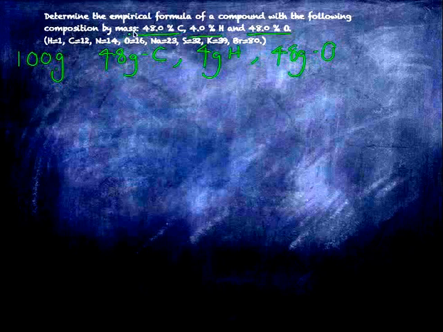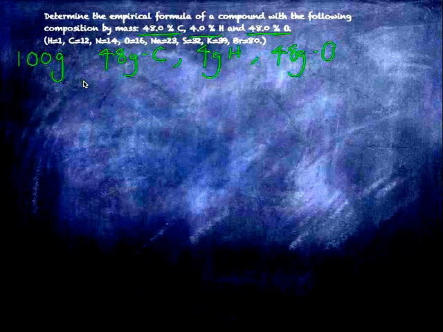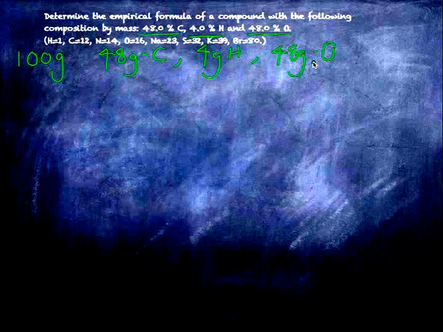So anytime you see it being given as a percentage, the numbers will all add up to 100, and you can then just assume that you're working with 100 grams of the compound, and then you don't have to worry about anything else. So this is step one. We know how much we've got of each of these particular elements that are making this compound.